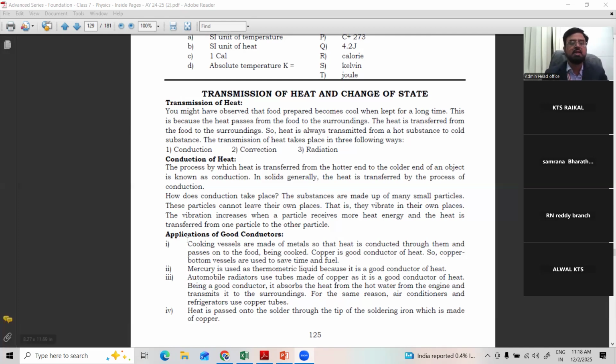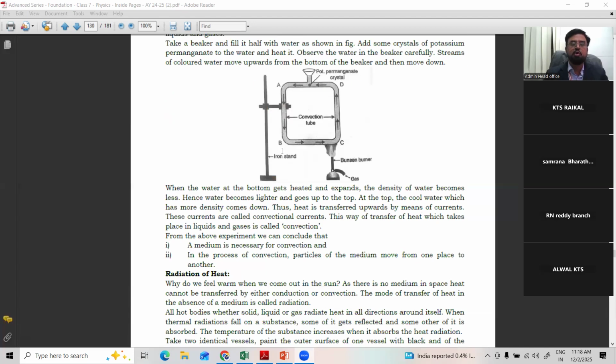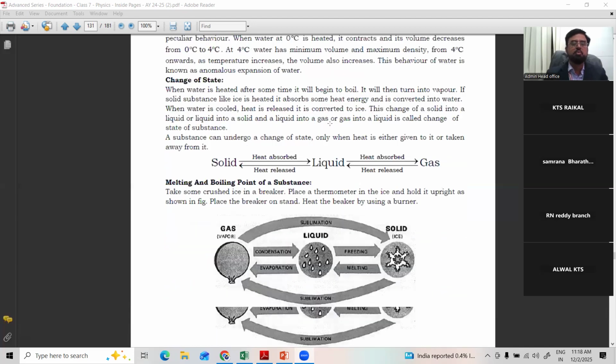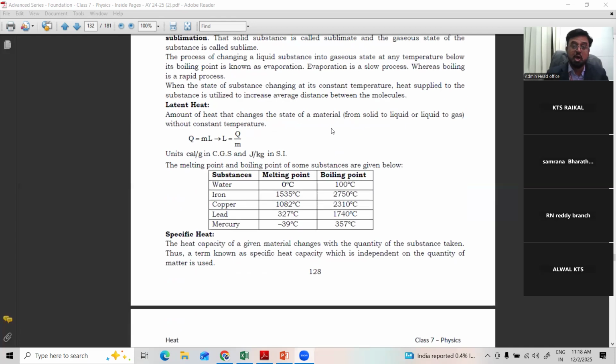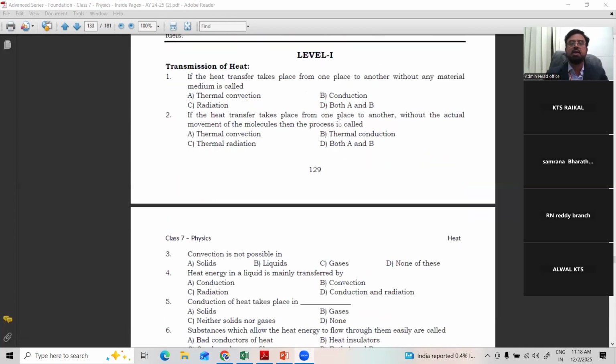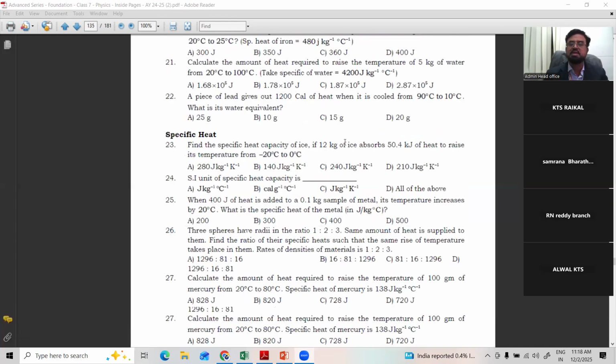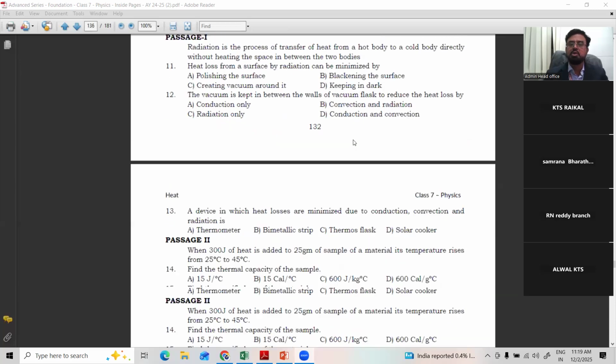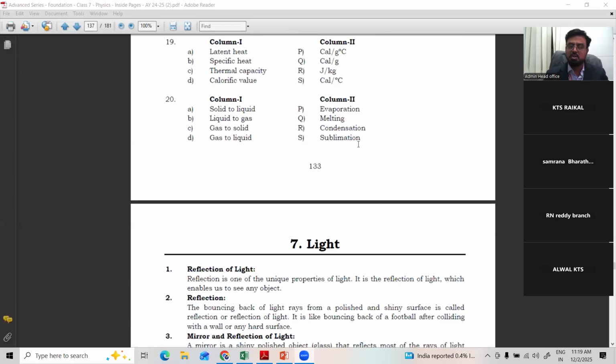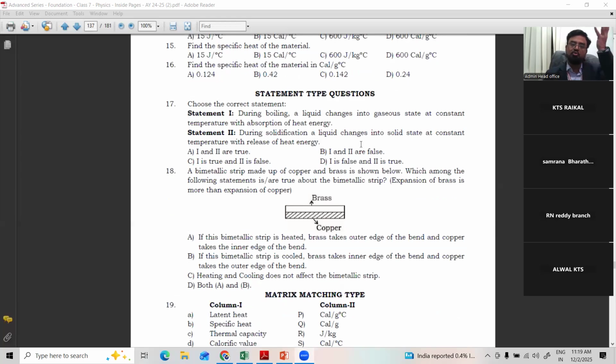All these things we will discuss in the coming sessions before ending the chapter on heat. So many things are there to learn, which are also applicable in our day-to-day life. How ice converts into water, how water converts into vapor, how vapor comes back into liquid, condensation, evaporation. All this we'll discuss in the next class, that is on Friday, right?